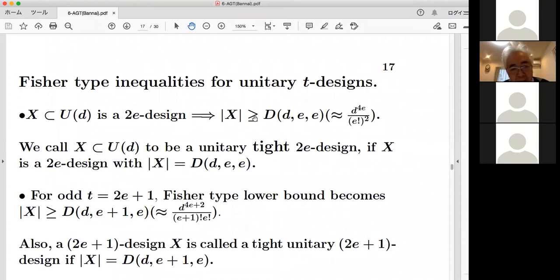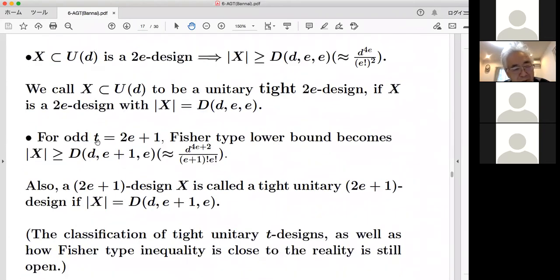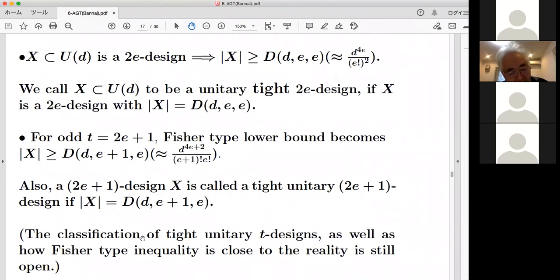And if equality holds here, it's called a tight unitary 2e-design. And similarly, for odd t, we can define a Fisher type lower bound and also tight t-designs. However, the classification of tight unitary t-designs is still open.